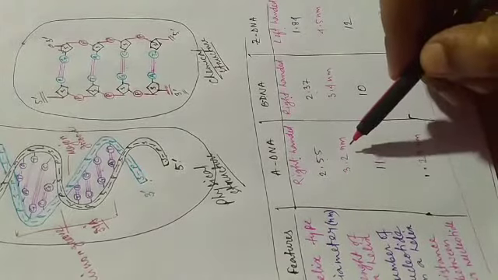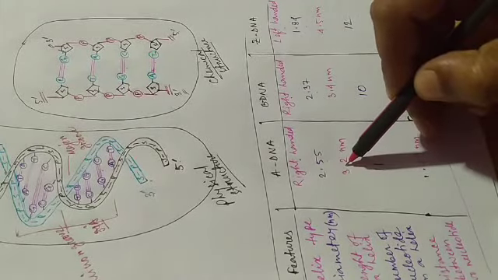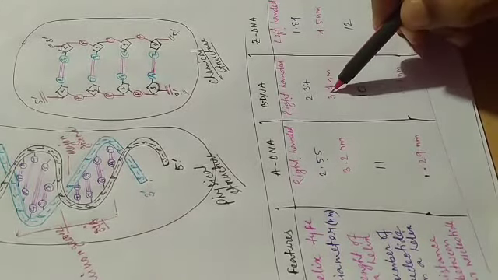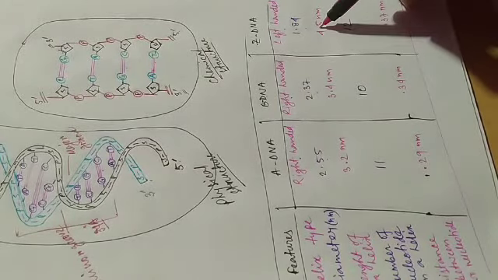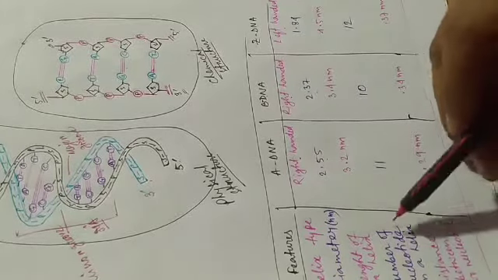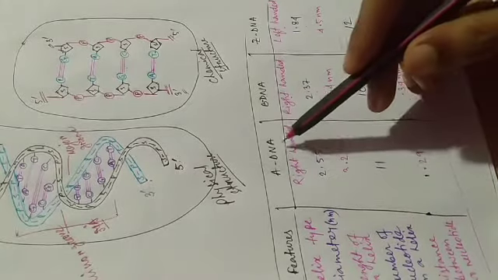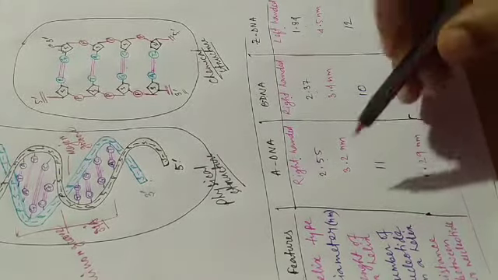Length of a single helix. In A-DNA it is 3.2 nanometer, means 32 Angstrom. In B-DNA 3.4 nanometer, means 34 Angstrom, and in Z-DNA it is 4.5 nanometer, means 45 Angstrom. Number of nucleotides in a single helix. In A-DNA it is 11.